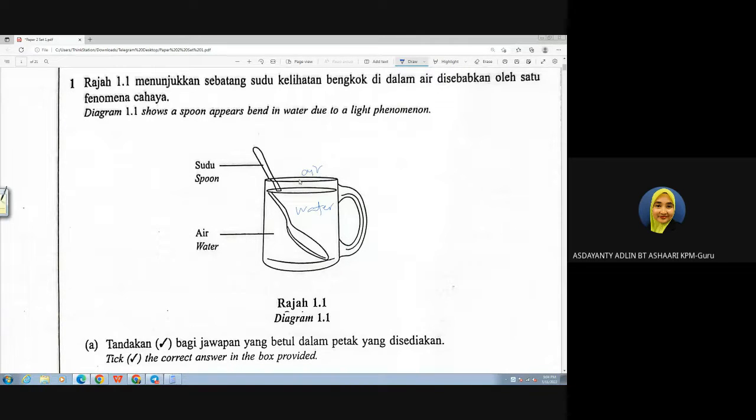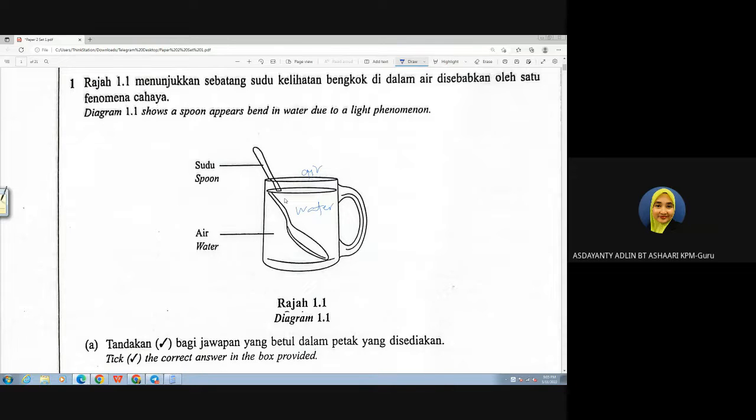The first one is from the air, where we can see the spoon is not bending. Then from the water, the spoon looks like bending. So what is changed here is actually the speed. That's why we can see the spoon is actually bending.